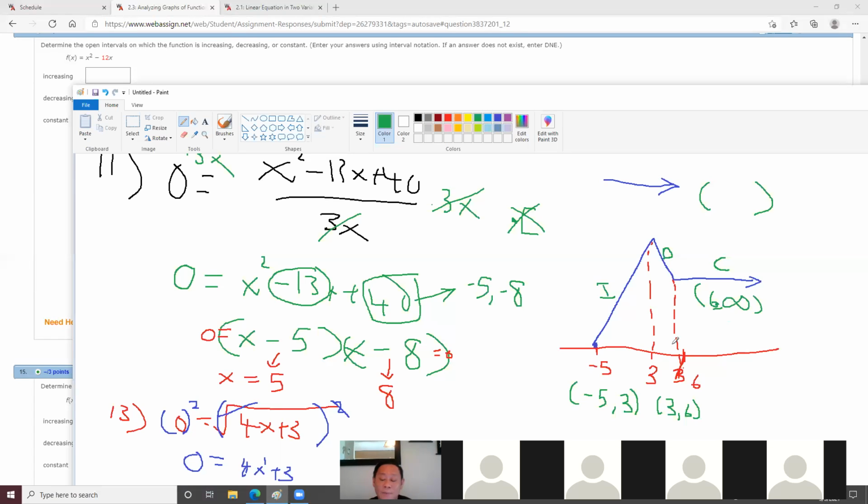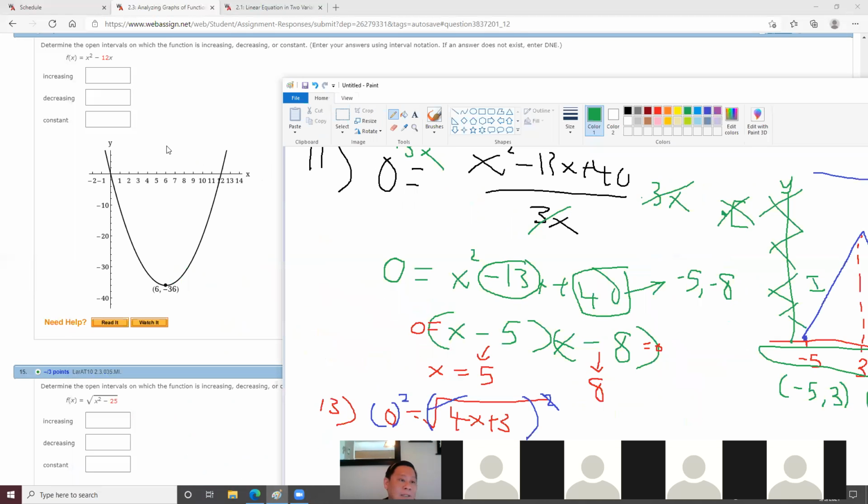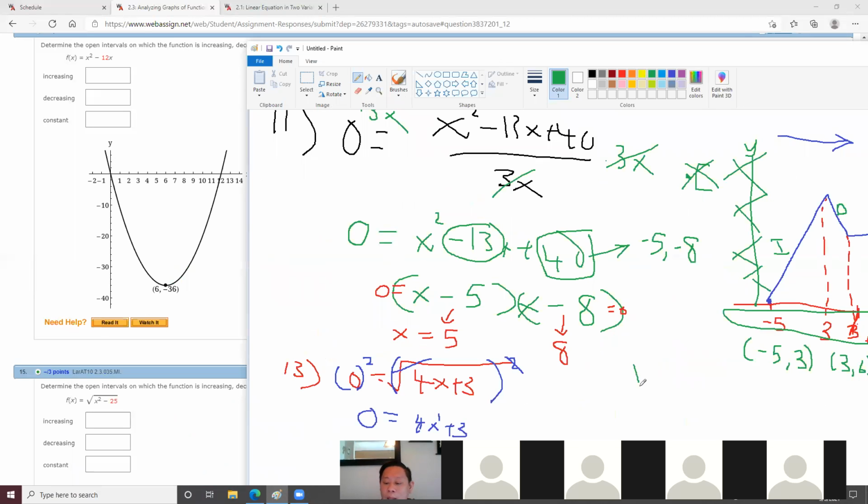So this is the meaning of increase, decrease, constant. They all look at your x. Make sure you look at your x value. The y value, we don't look at it. Okay, so by looking at this graph, can you tell me where is the increasing and where is the decreasing?